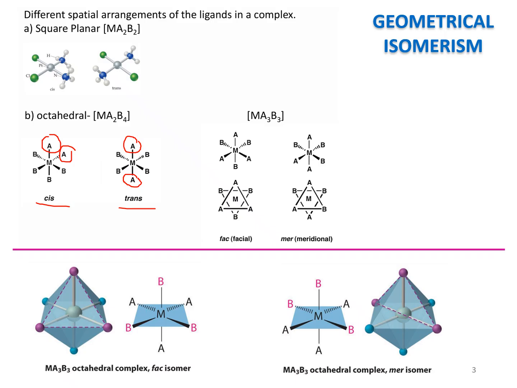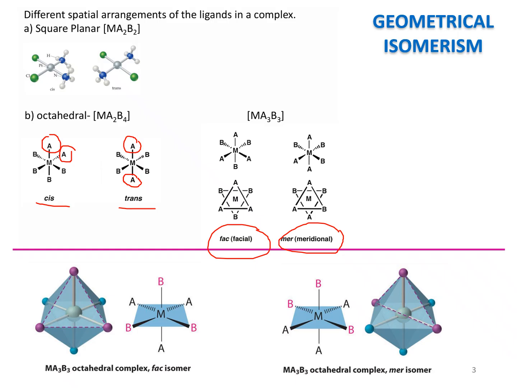We have also discussed the facial and meridional. So to classify cis and trans, we look at two identical ligands. If they are located 90 degrees apart from each other, they are cis, while the trans will have 180 degrees. And for the facial and meridional conformation, we have to look at three identical ligands.